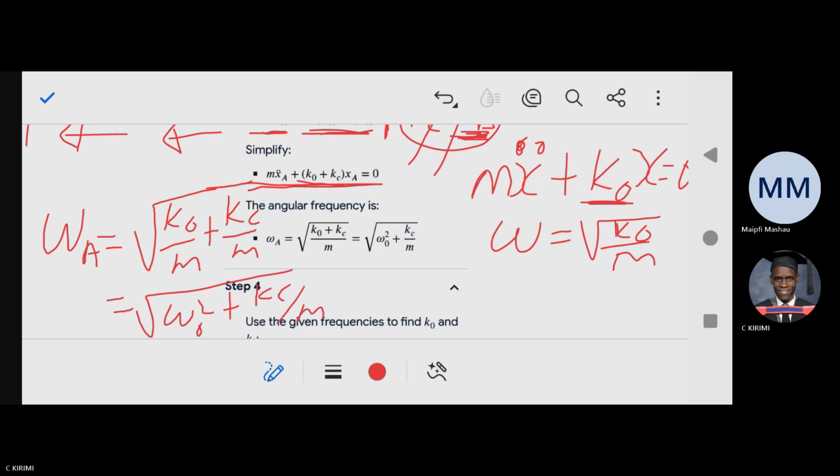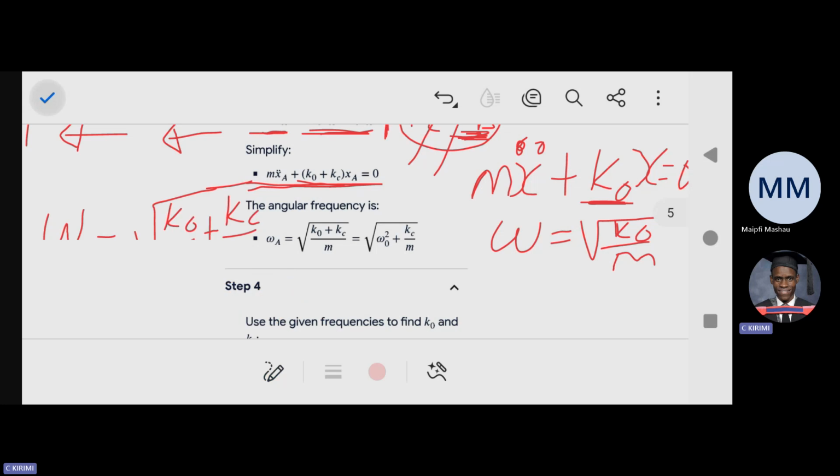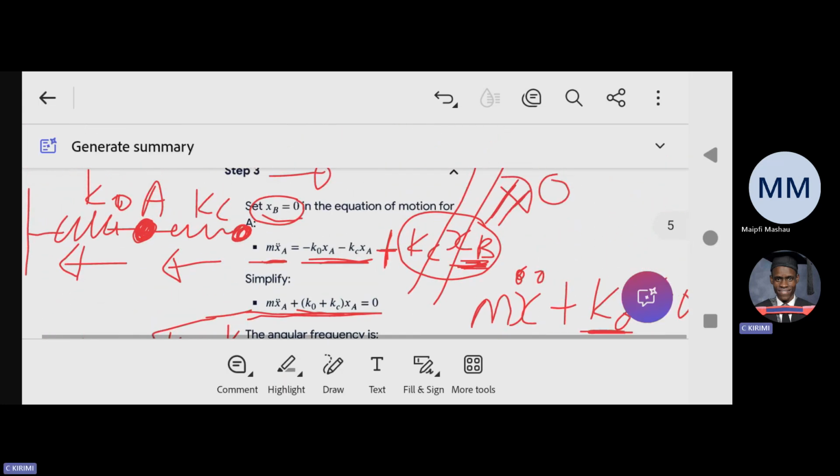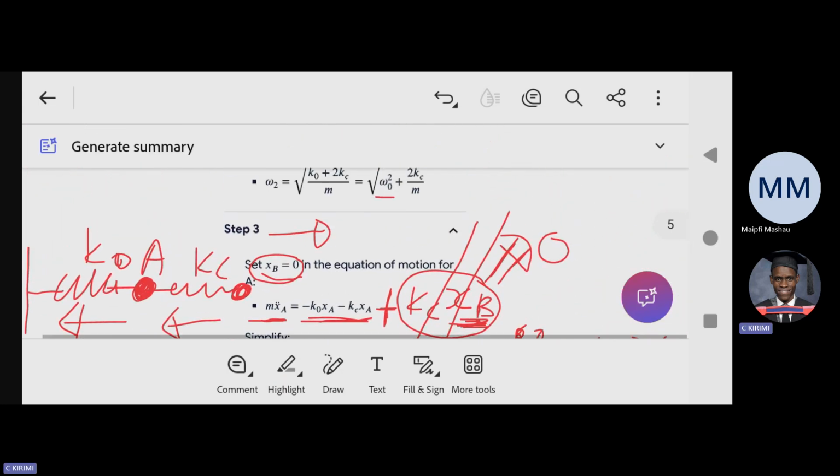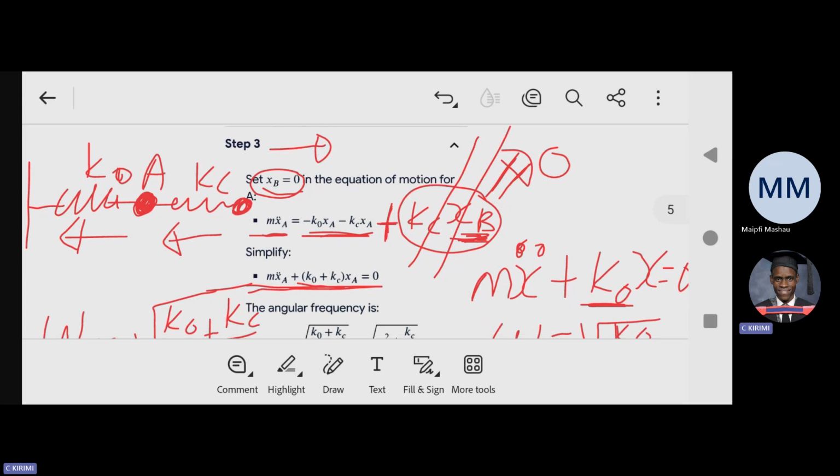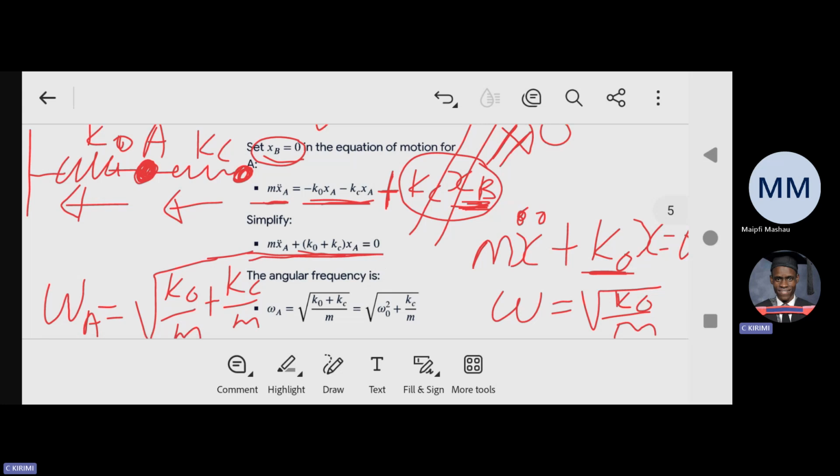So the fundamental was coming from here: when we set xb equals to 0, it vanishes. If you are given a standard simple harmonic oscillation equation or differential equation, do you know how to derive the omega?